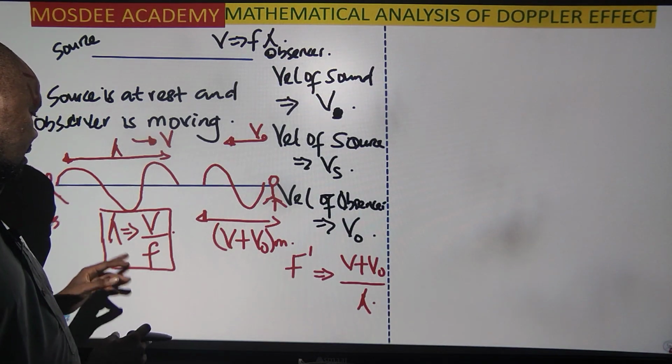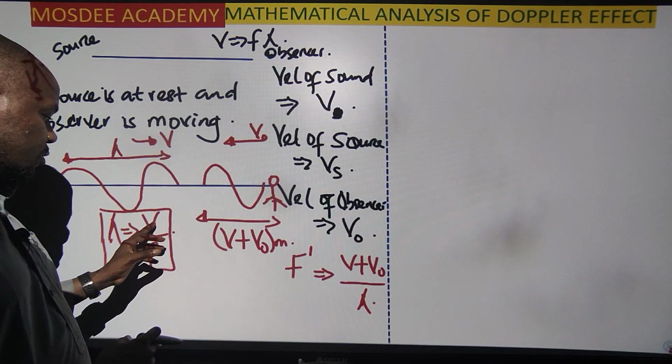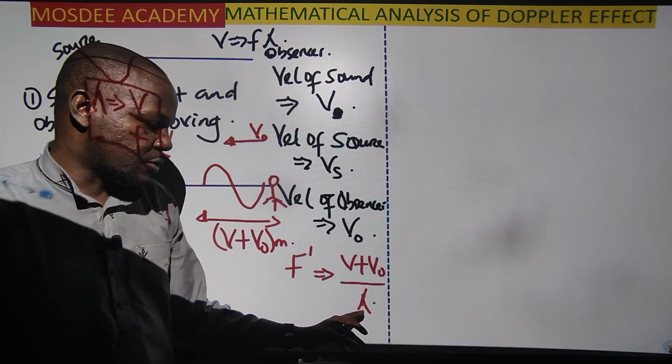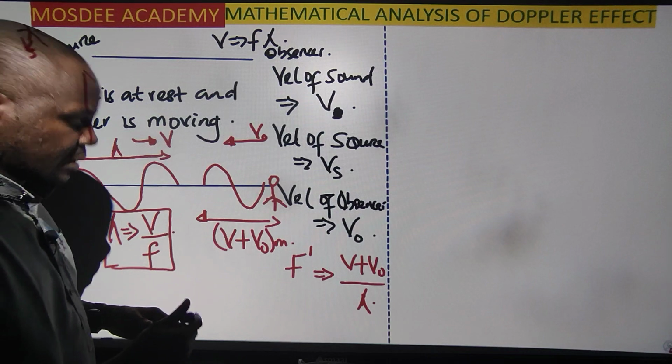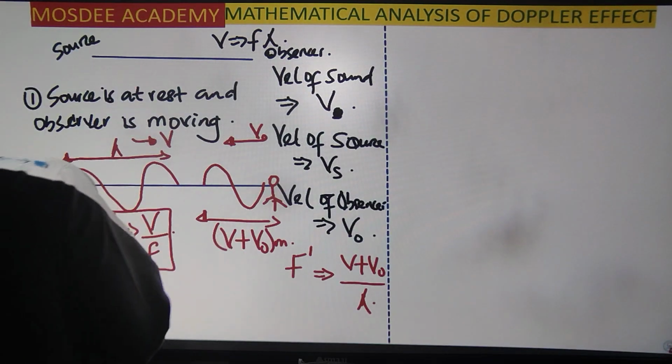Initially, I know the wavelength formula to be equal to V over F. So if I substitute the wavelength formula back as V over F, I'm going to have a continuation from that side.